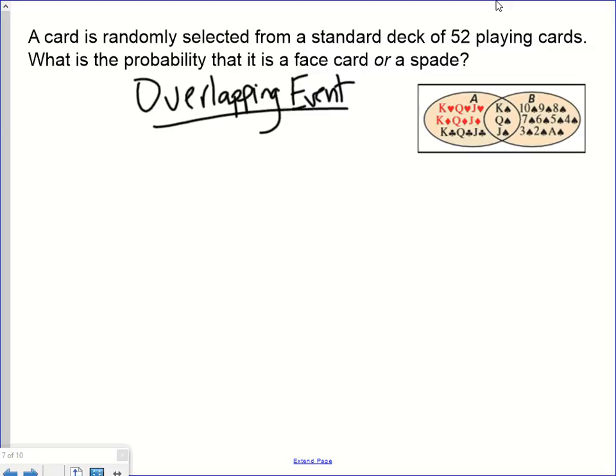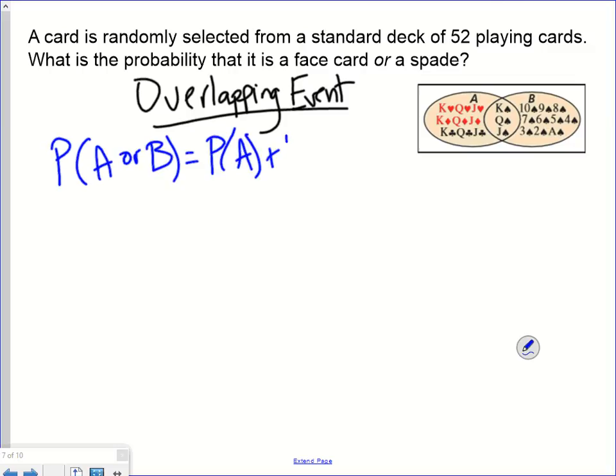For an overlapping event, let's look back at our formula. P of A or B equals P of A plus P of B minus P of A and B.